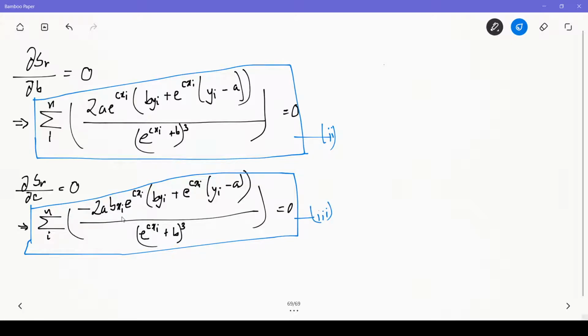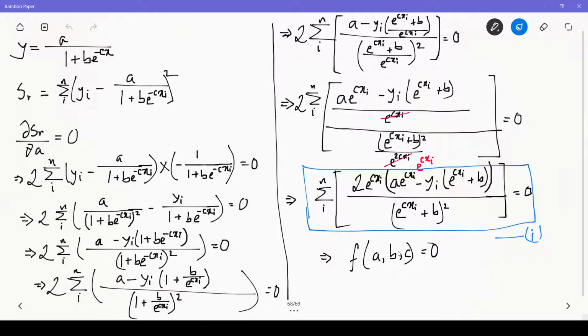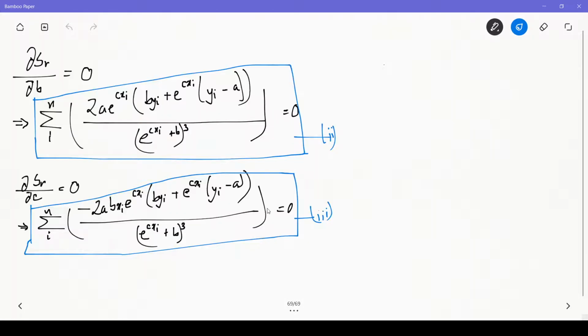If you look closely, all of these are trivariate functions, because they change with respect to a, b and c, three parameters. So we have three unknowns and three equations. If we solve these three equations, we should be able to end up with the three unknowns. So in order to solve these three simultaneous nonlinear equations, we need a root finding algorithm, which will help us to find the value of f(a, b, c) equals 0.